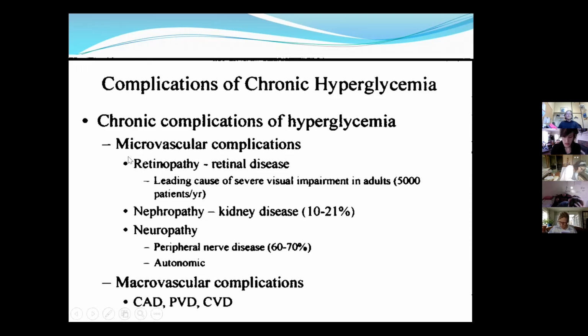So small vessel disease, microvascular, the eyes, the kidneys, and the nerves, and macrovascular, large vessel disease, coronary arteries, peripheral vascular arteries, and cerebrovascular arteries.